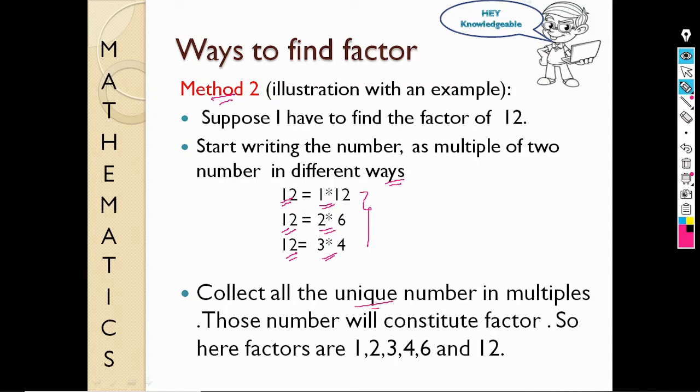Collect all the unique numbers in these products; those numbers will constitute the factors. 1 is unique, 12 is unique, 2 is unique, 6 is unique, 3 is unique, 4 is unique. So the factors of 12 would be 1, 2, 3, 4, 6 and 12.